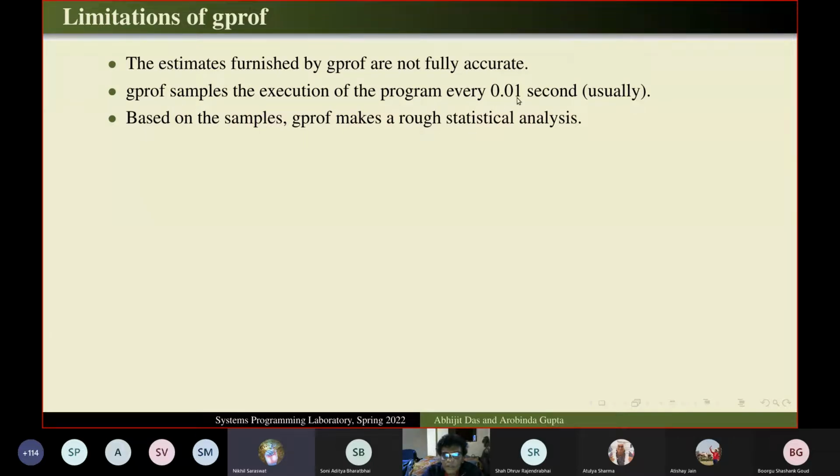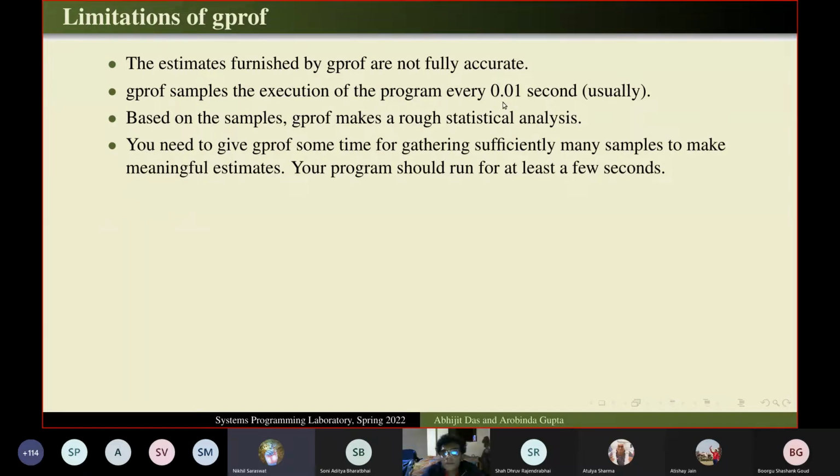But since this is not continuous monitoring, it has to be a rough statistical estimate. More often than not, this rough statistical analysis is good enough for you to have an educated understanding of your function's performance.